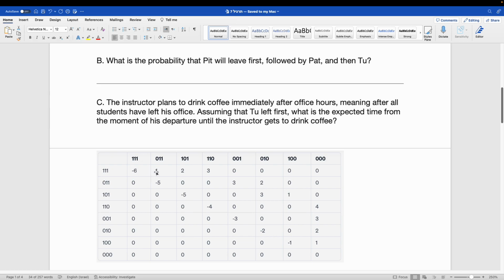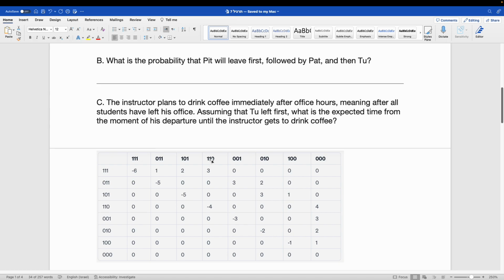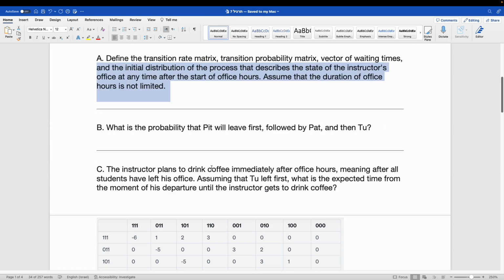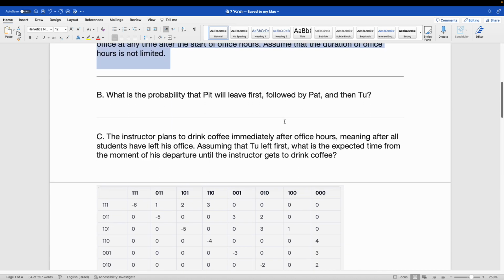Here we see that moving from 1, 1, 1, where 1, 1, 1 is Pete, Pat, and Tao all in the same place, to 0, 1, 1, meaning that Pete is not in the office hour, is with rate 1, and moving to 1, 0, 1 is when Pat is not in the office hour, meaning rate of 2, and for Tao to leave, it's rate of 3, because it was given to us that Tao will leave every 20 minutes on average.